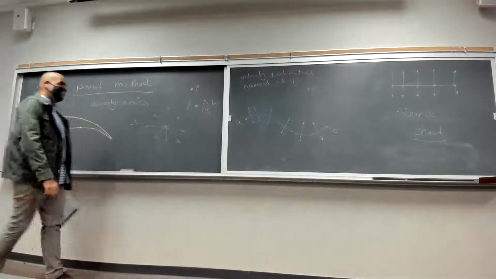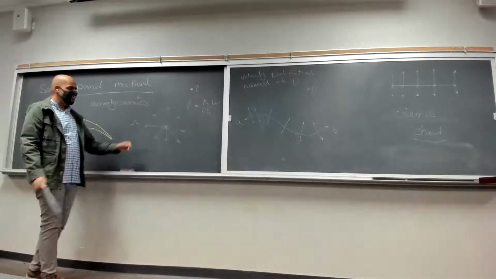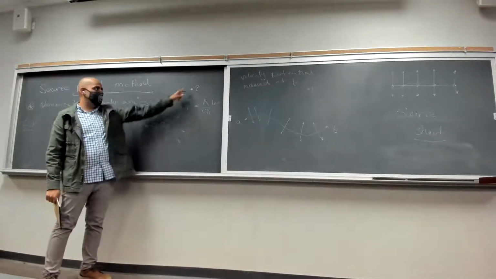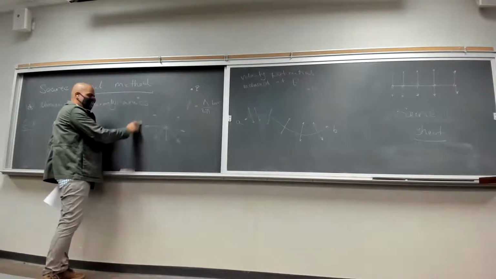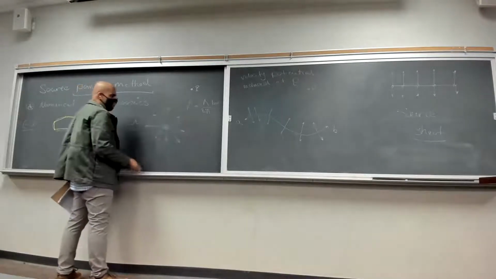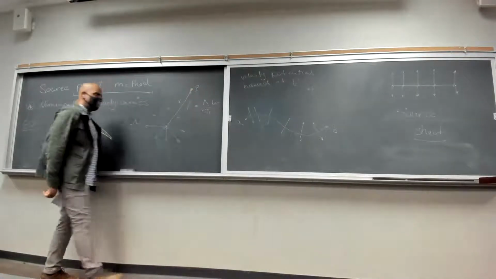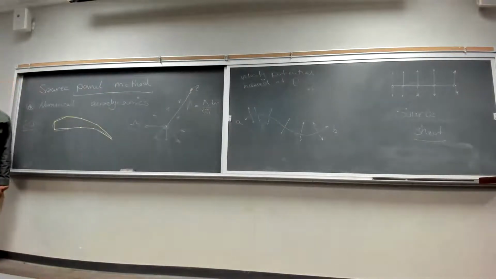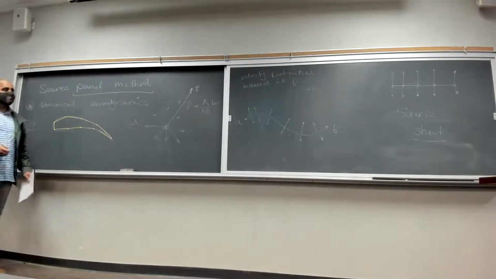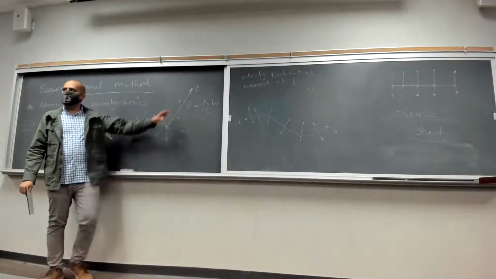Exactly. So the velocity potential induced by this point source at point P is the strength of the source divided by 2 pi, multiplied by the natural log of the vector r that connects your point source to point P.